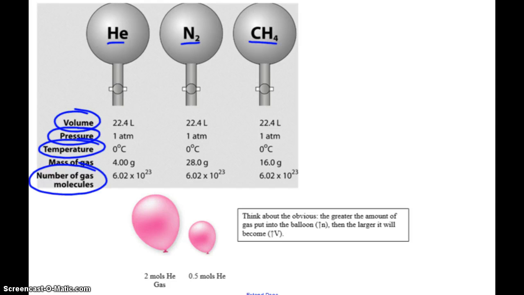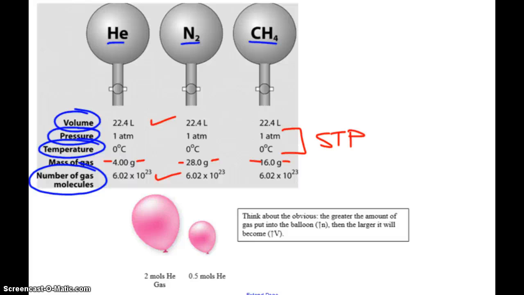And so we see a very important fact here that at the same temperature and pressure conditions, 1 atmosphere and 0 degrees Celsius, we typically call that STP, standard temperature and pressure, any gases that have the same number of particles will have the same volume. Different masses, we realize that courtesy of our molar masses, so they have different densities as well, since the volume's the same. But we'll see that very important fact.